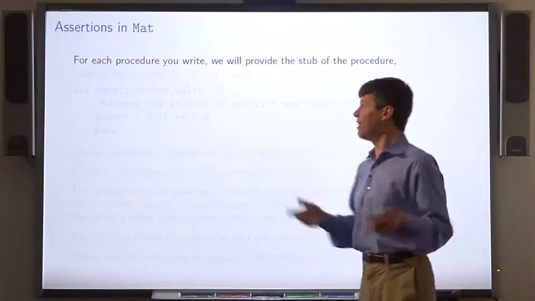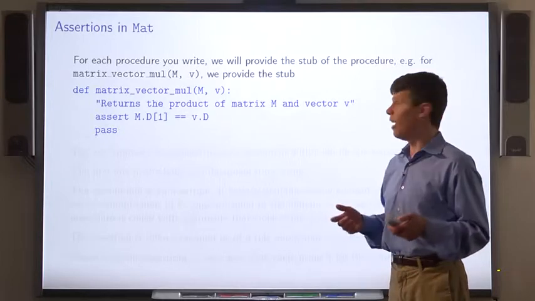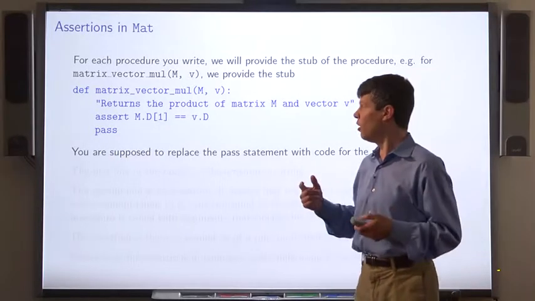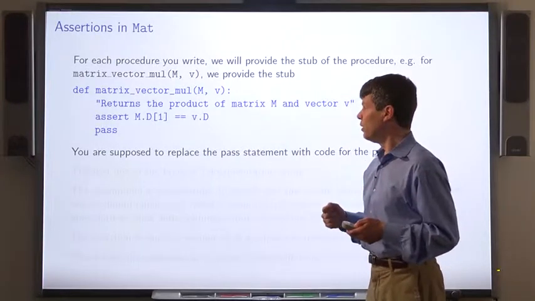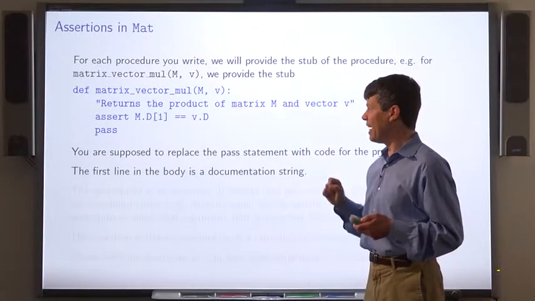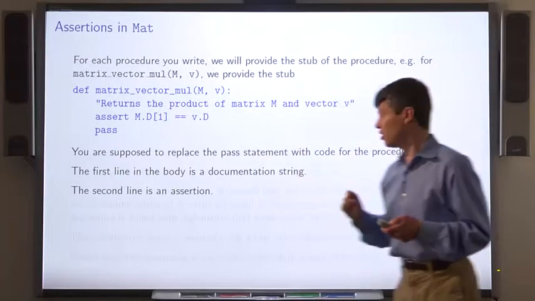For each procedure, just as in VEC, we'll provide the stub. As before, you're going to replace the pass statement with the appropriate lines of code. As before, the first line is a documentation string. The second line is an assertion.